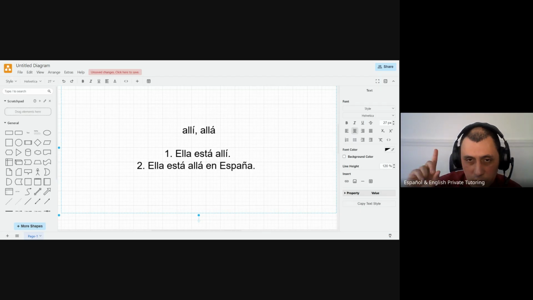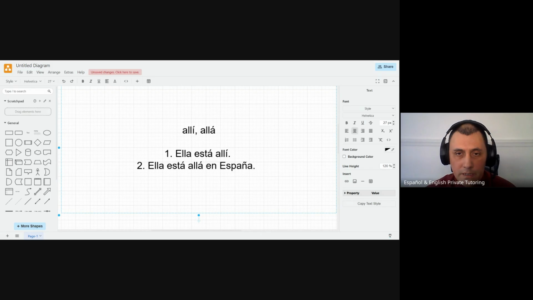Like I can point out with my finger where she's at. Or I can see her, and the listener can also see her. But if I am in Philadelphia and say Spain, I'm not going to be able to see her from here. In that case, we have to use allá. Allá is used for people, animals or things that are extremely far.